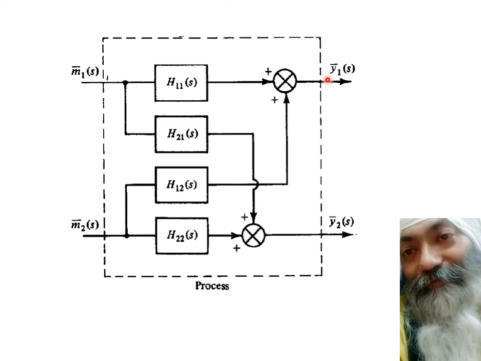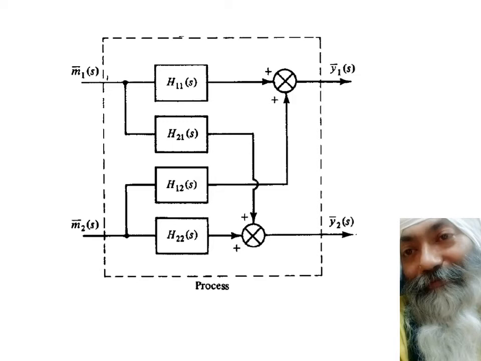So here output is 1, input is 1, therefore this block is named H11. Similarly, over here you have manipulated variable M2, giving me the output Y2, and therefore the block which determines the relationship between Y2 and M2 is named H22, right? Output is 2, followed by input which is again 2.